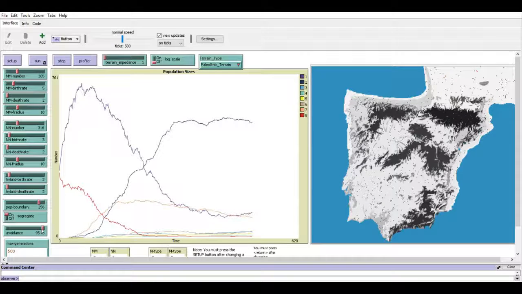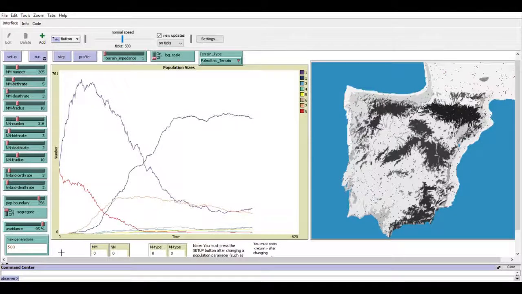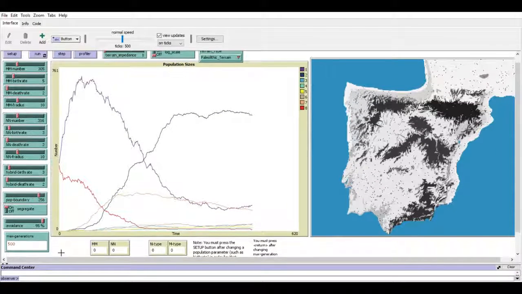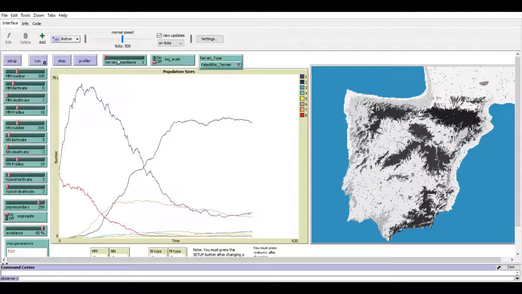We can adjust this further using the terrain impedance. Terrain impedance is effectively a constant, so that higher impedance means agents can move smaller distances for each time step. At a 50, agents can effectively move just a single patch, whereas at a 1, they are less inhibited by terrain.